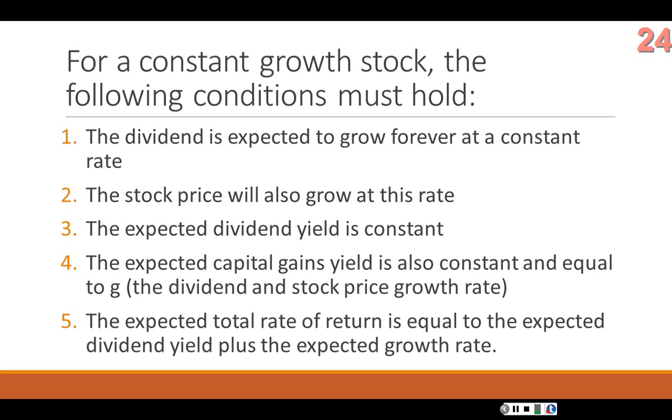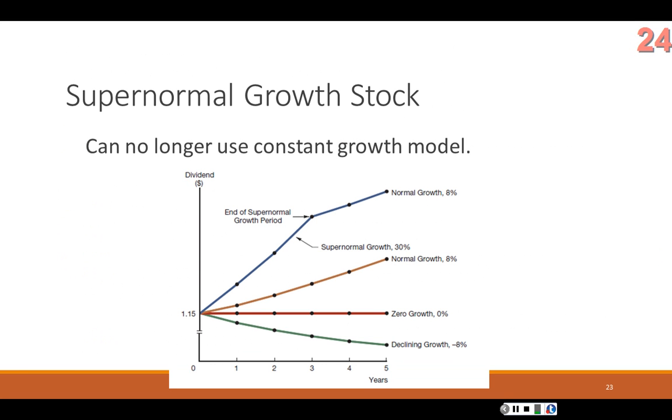But what if we don't think that the growth rates will be constant? Then we can no longer use the constant growth model. For many companies, constant growth is not acceptable. Firms do go through life cycles. During early years, growth is much faster than that of the economy, and then it slows.